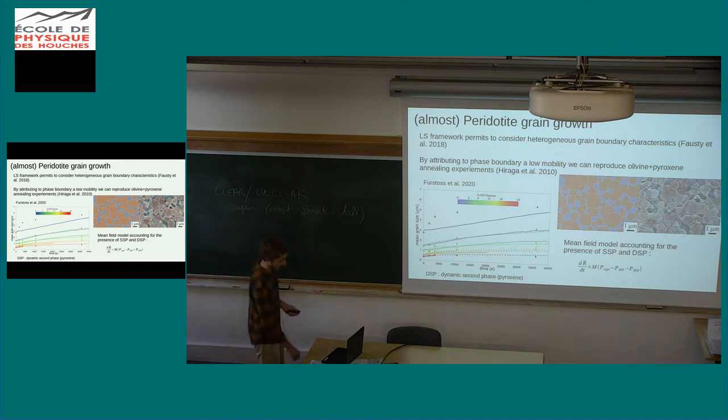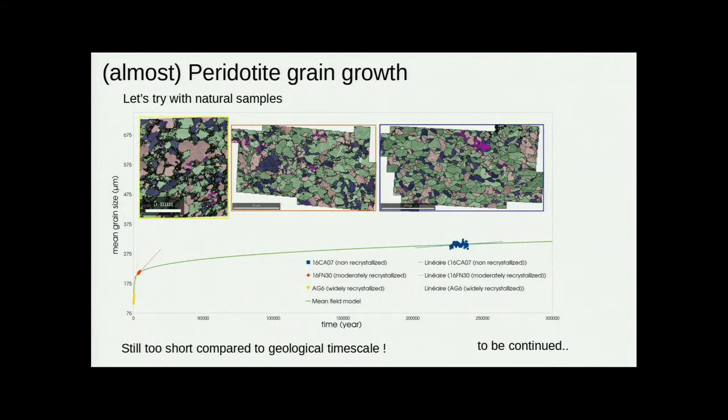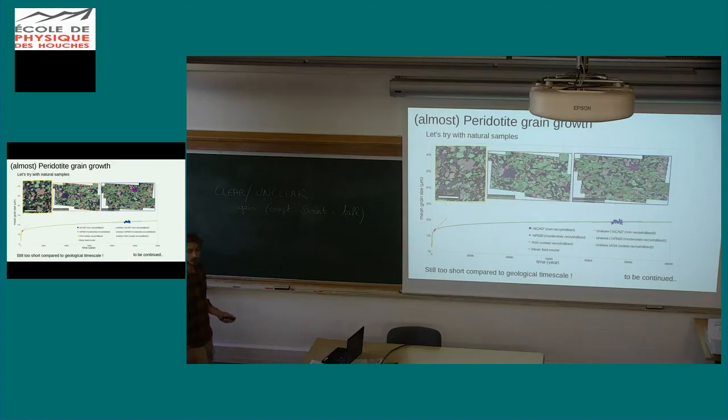And now we are back to natural objects, and these are three microstructures provided by Andrea Tommasi. Here they are deformed xenoliths, and this one is more deformed than that one. What we did with those microstructures is immerse them within our level set framework and simulate their grain growth.